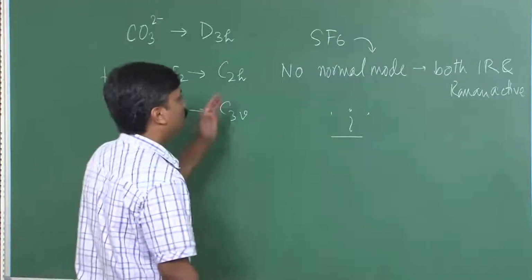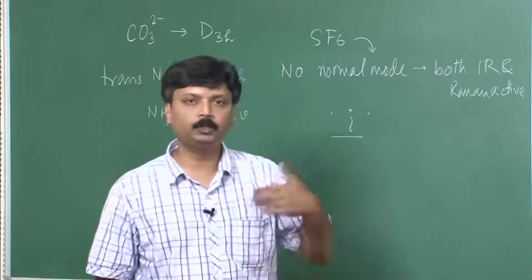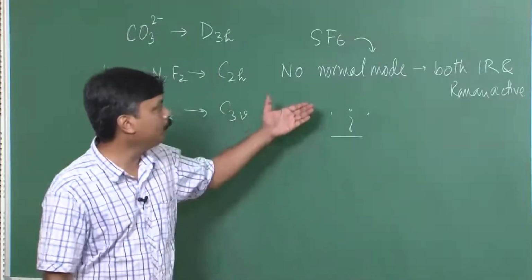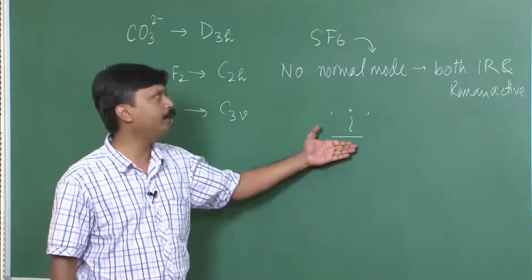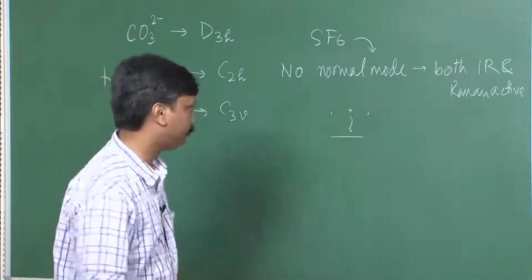So from our experience so far, in the last two classes, we see the molecules which have the center of inversion behave completely differently compared to any other molecule which is devoid of center of inversion.